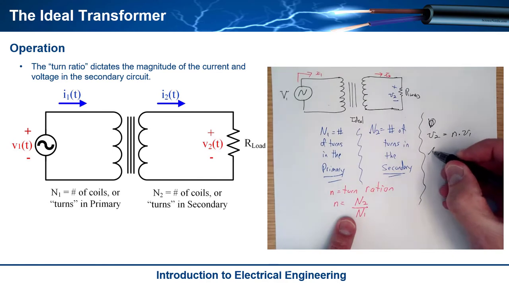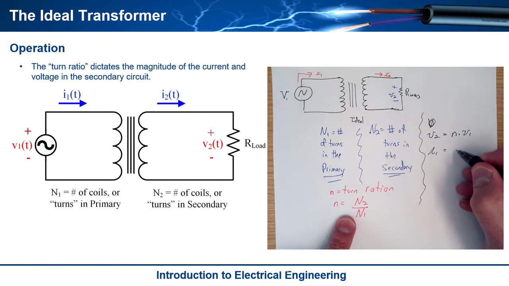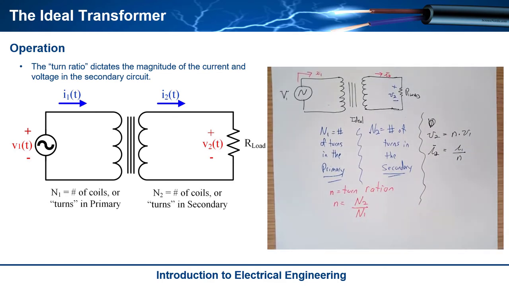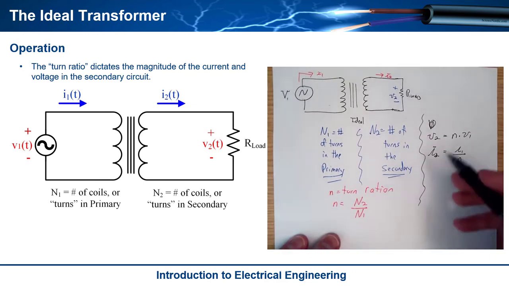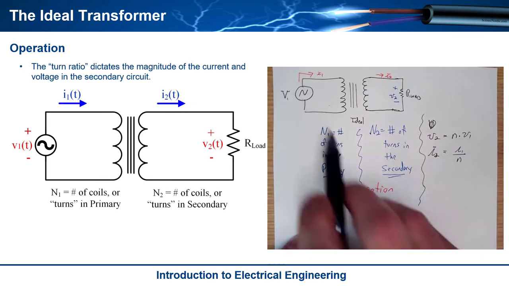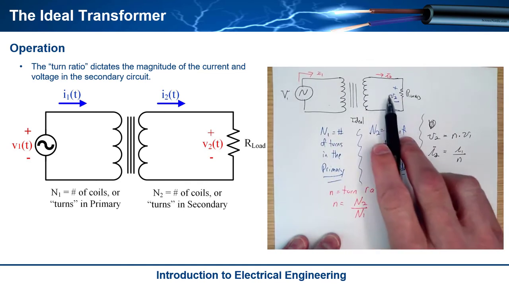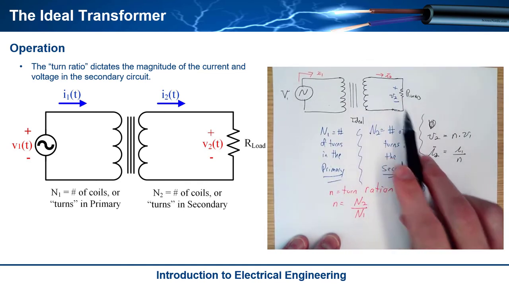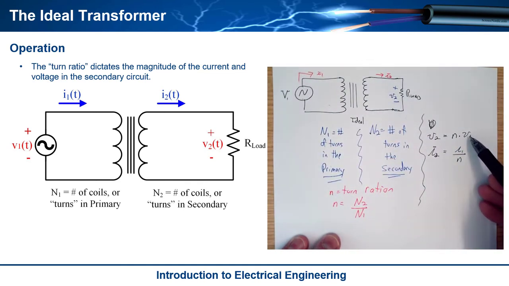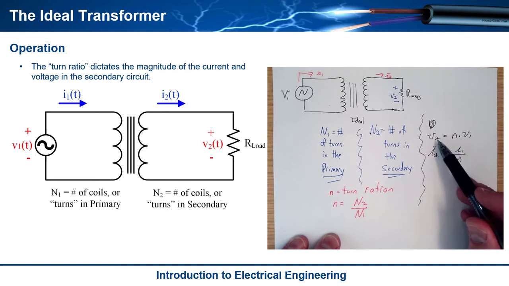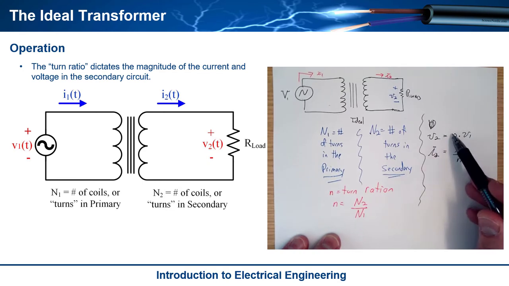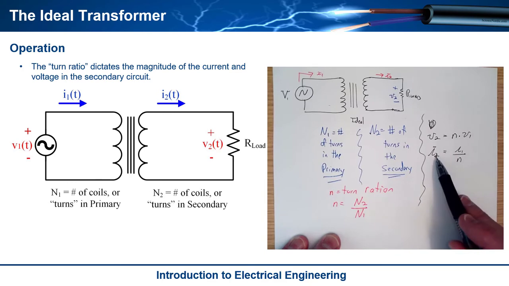And then I2 is actually going to be I1 divided by n. And it's like, wow, okay, so this is cool. One of the things that's really interesting is that you immediately notice that if I had V1 and I1 and I relate it to I2 and V2, V2 goes up as you go through the transformer, and I2 goes down.